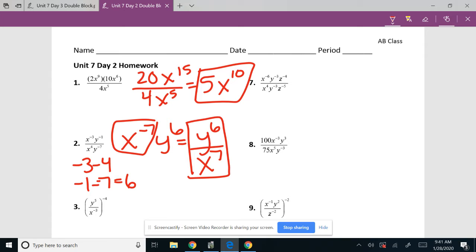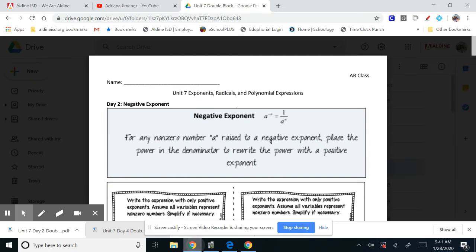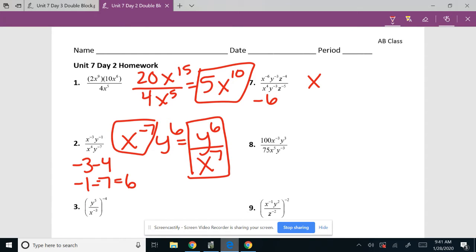All right. So I'm going to go ahead and do 7 and 8 because they're on the same screen. We're going to subtract. All right, so we subtract these. -6 minus 4, -10. We do the y, -3 minus -3.